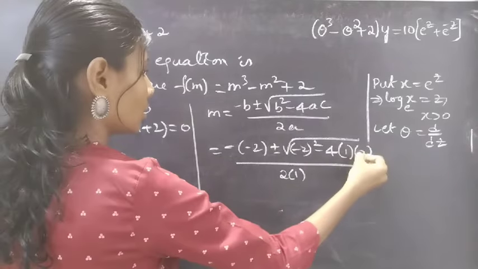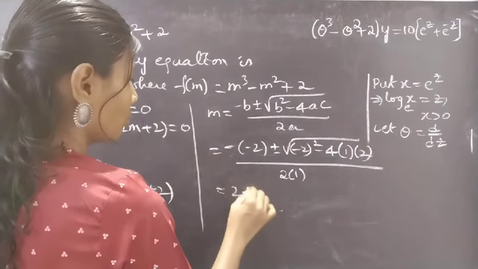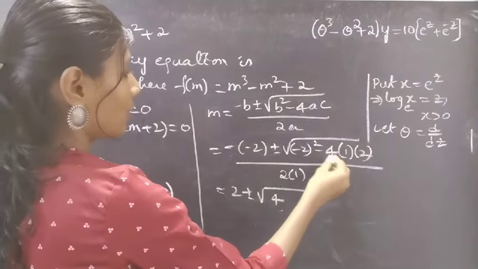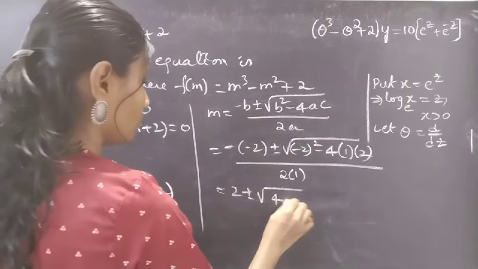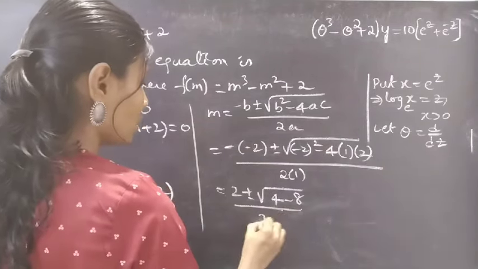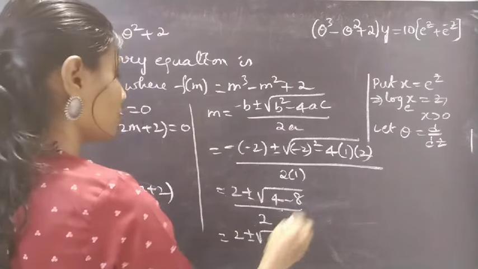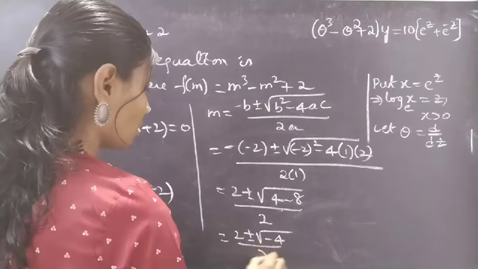Okay, this is equal to 2 plus or minus square root of minus 2 whole square is 4, minus 4 2s are 8, minus 8 by 2, which is equal to 2 plus or minus square root of 4 minus 8 is minus 4 by 2.